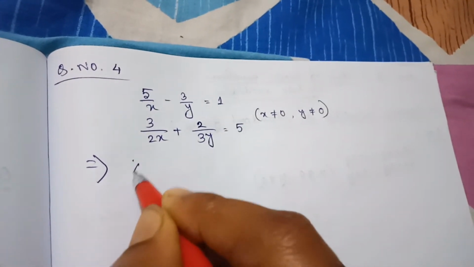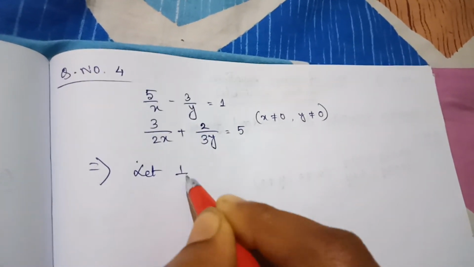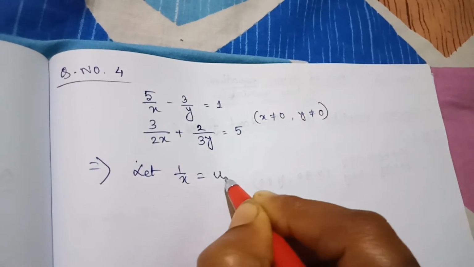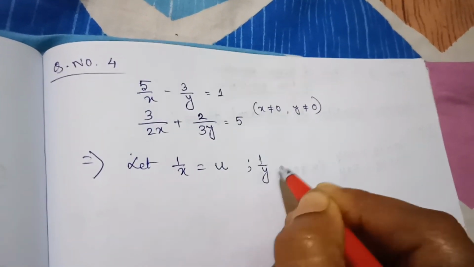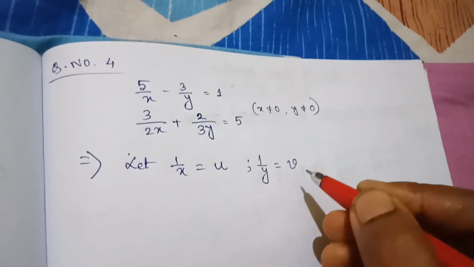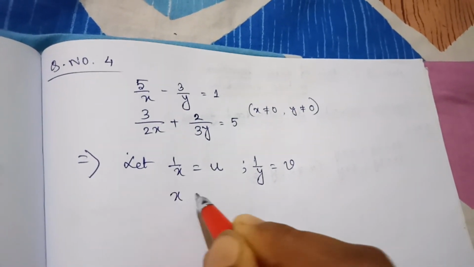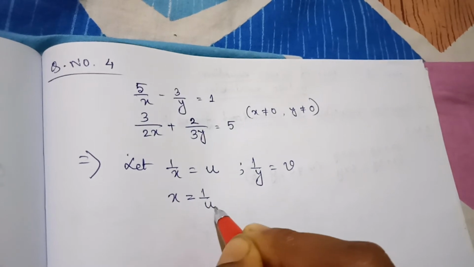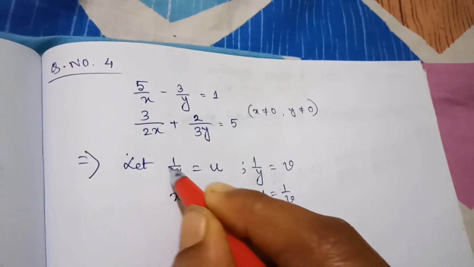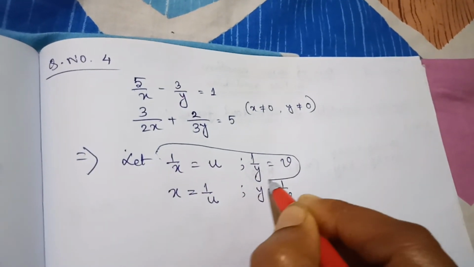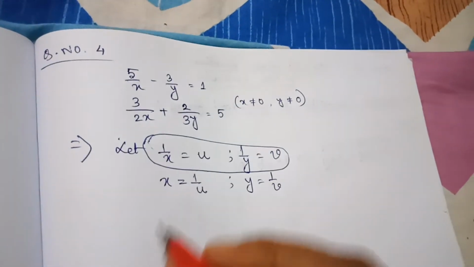One thing you have to take, let 1 by x equals to u, and 1 by y equals to v. From this you can get x equals to 1 by u and y equals to 1 by v. But you need to just replace these two values.